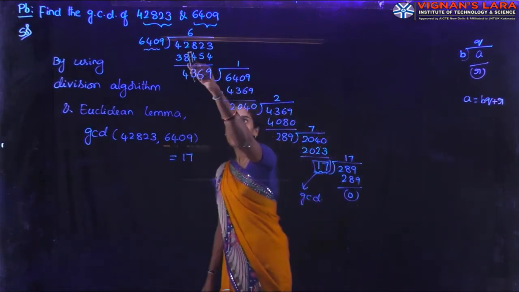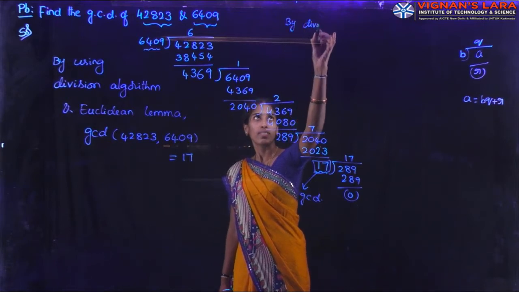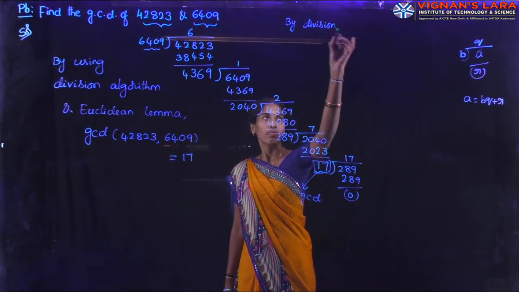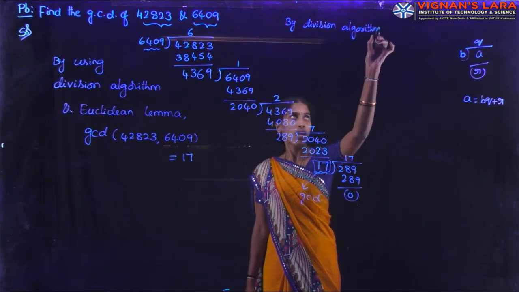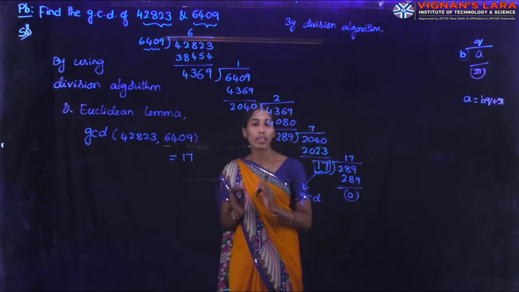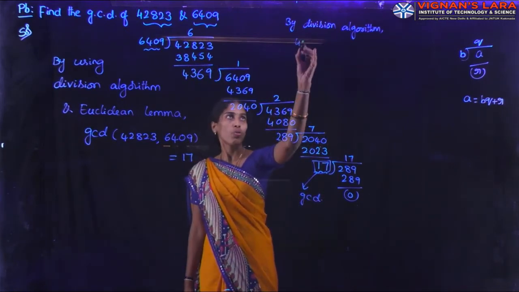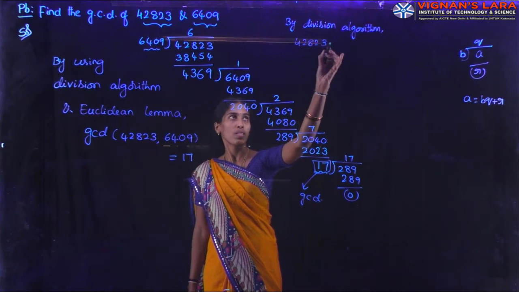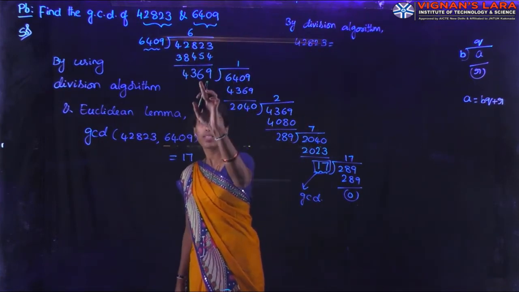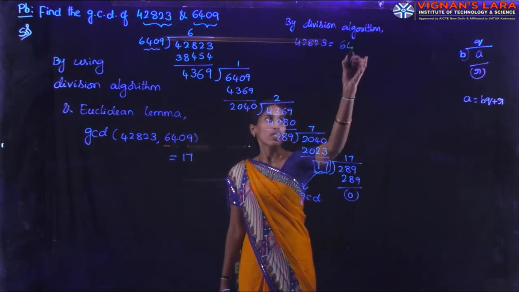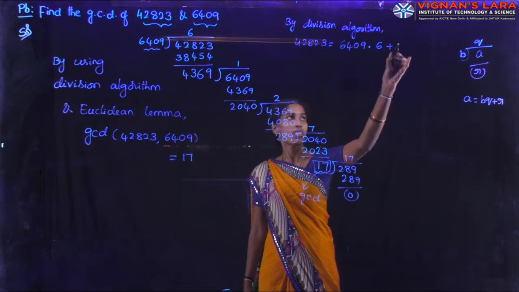So here what is the dividend? If they ask using division algorithm, we need to express it like that. By division algorithm, 42,823 can be expressed as A is equal to B into Q plus R. So 6409 into 6 plus a remainder.